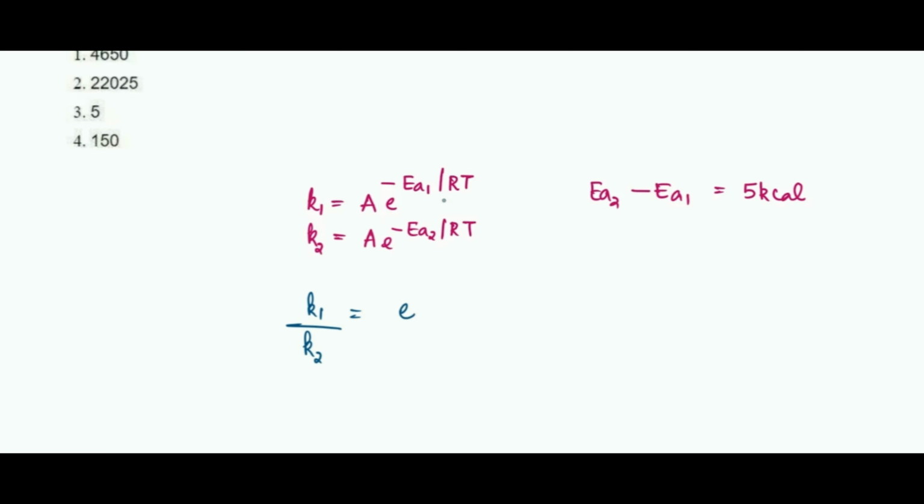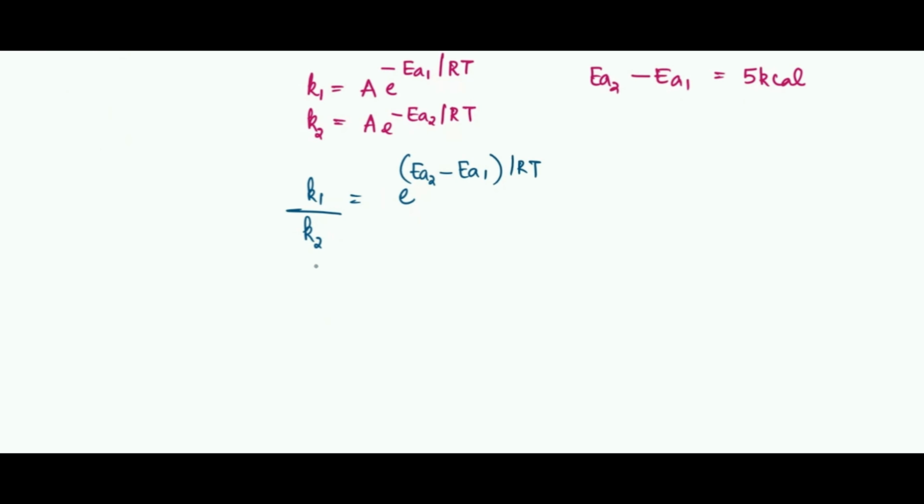E to the power comes up, and it becomes EA2 minus EA1 divided by RT. And K1 by K2 is equal to E to the power 5 kilocalories divided by 2 into 10 to the power minus 3 kilocalories per Kelvin per mole into 298.